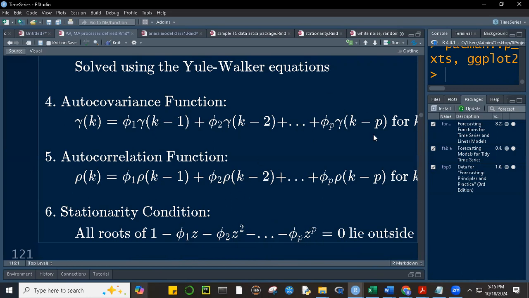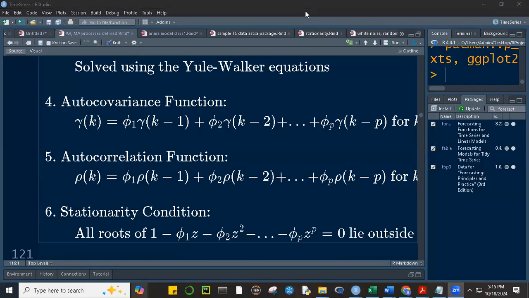Okay, when we draw a unit circle, class, these are the roots of the equation. So this is your unit root. This is your circle. This has a radius of 1. Class, our solutions for phi1, phi2, whenever the polynomial is equal to 0, should lie outside the circle.